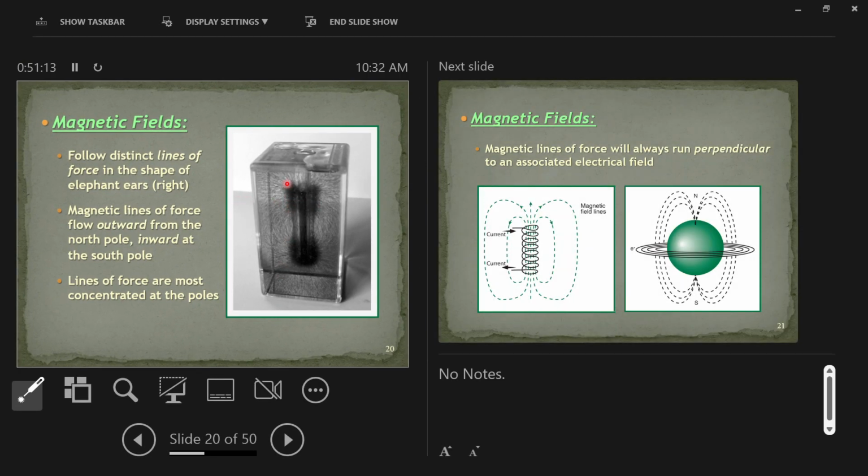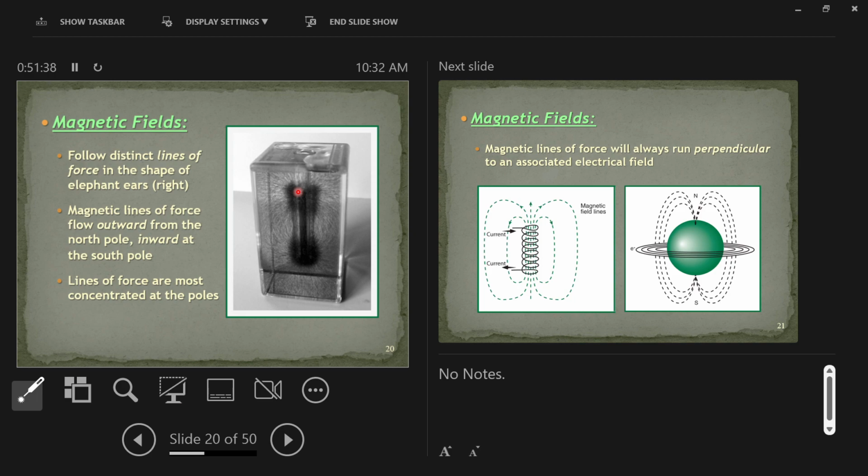Here's a representation of a magnetic field so you can see it. Okay, this is a ferromagnetic material here. There's a magnetized material with a bunch of ferromagnetic filings, iron shavings, suspended in oil. So it's a blocky box filled with oil, and in the middle they've suspended a magnet.